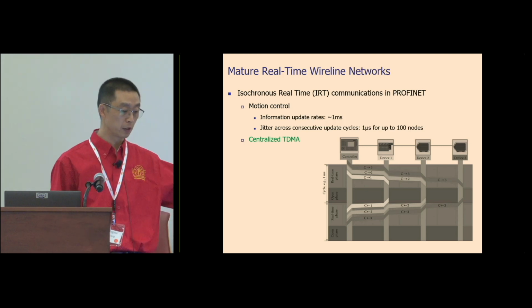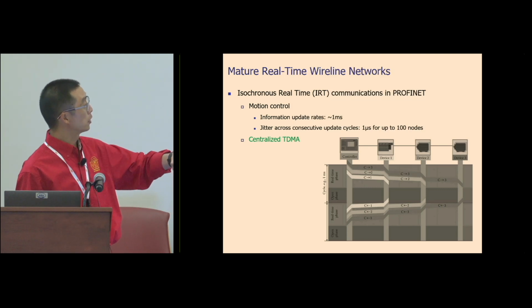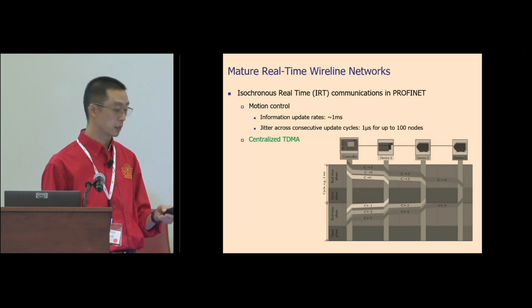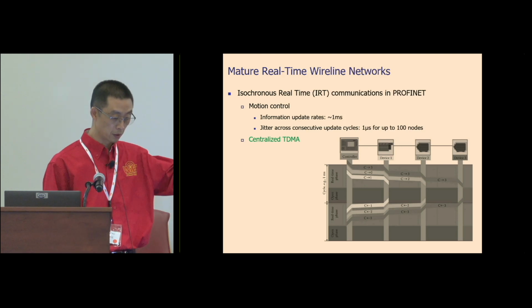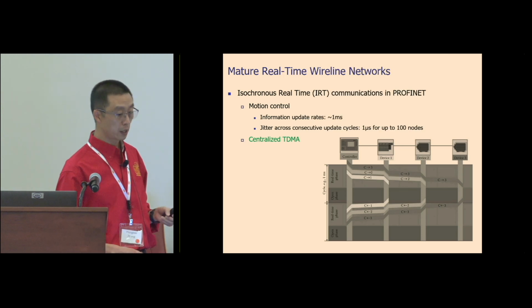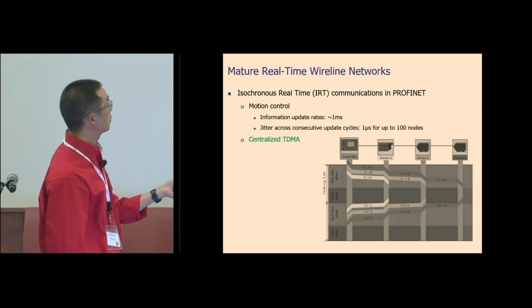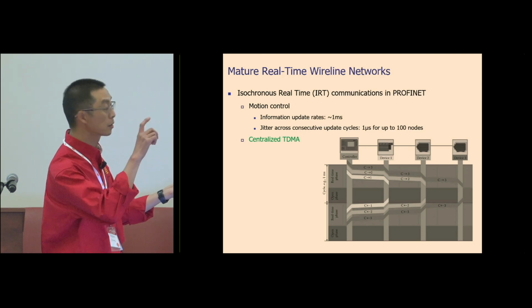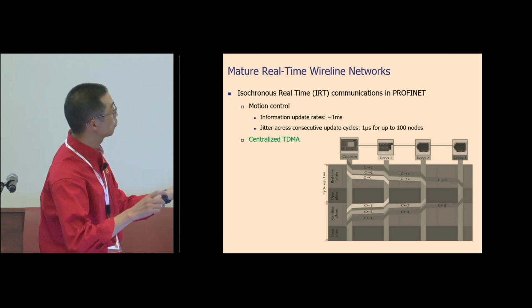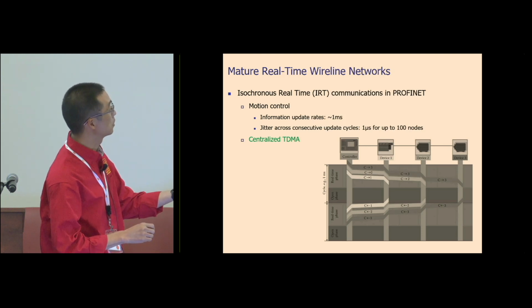In this example, it's a centralized TDMA solution, basically. You have a controller that's deciding how messages get delivered to the individual devices in a time division multiplex fashion. What you can see here is, from the left, if you can watch the left-hand side, you have 3 nodes, so 3 messages get embedded into one packet that gets delivered. When the first device gets it, it strips off its own message and forwards the 2 other messages, and then the third message goes to the third node.